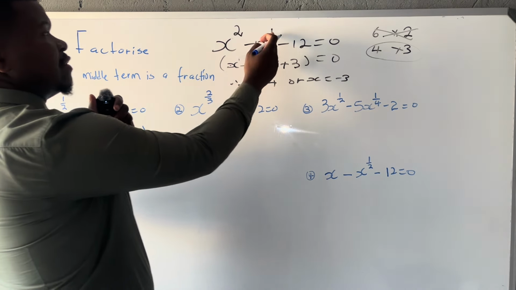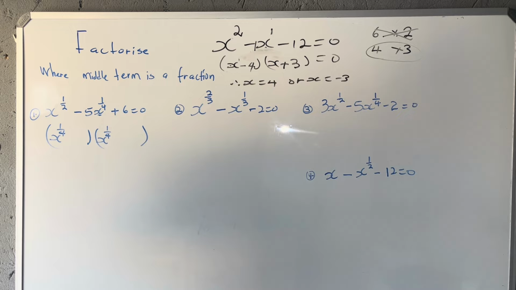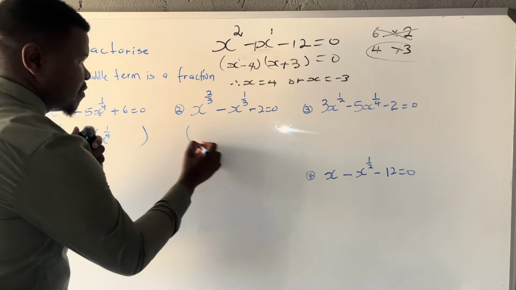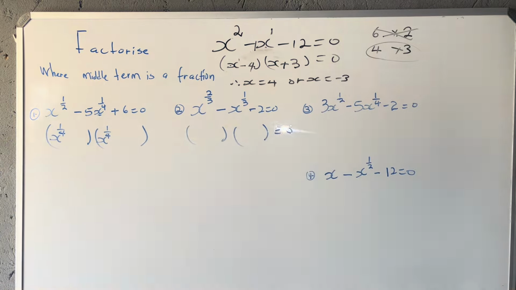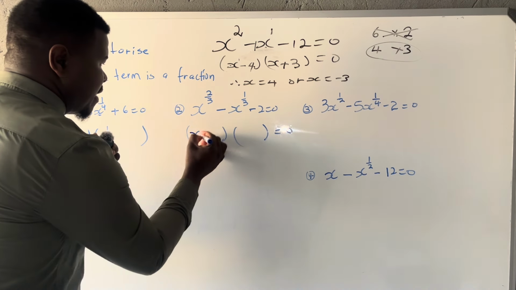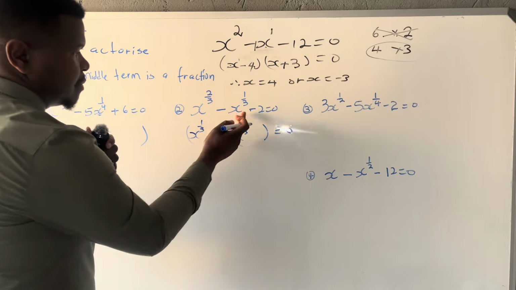Just like we said, this x here, 1, 1, gives us that. What about this one? That means even if I factorize this one, I'm now sure of something. I'm sure I'm going to have x 1 over 3, x 1 over 3.